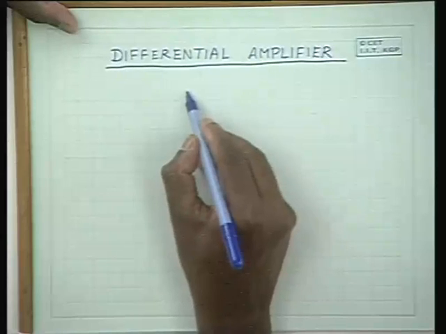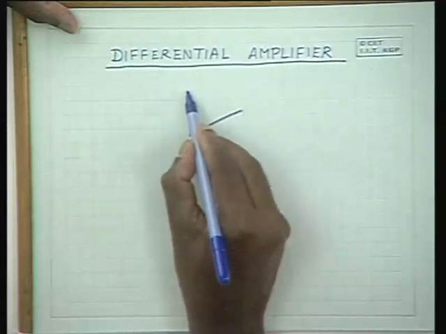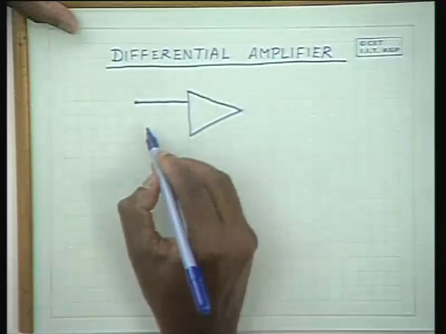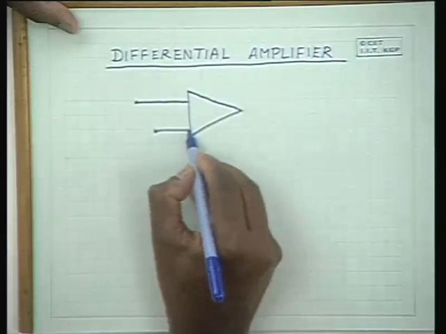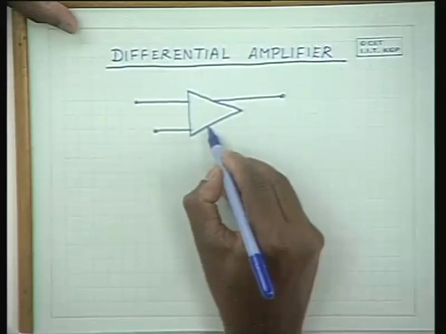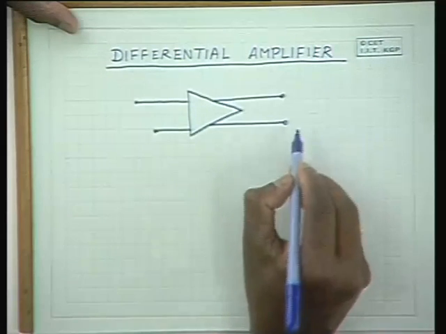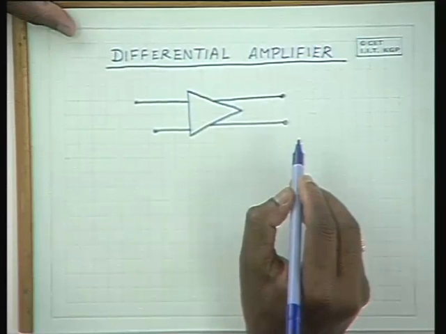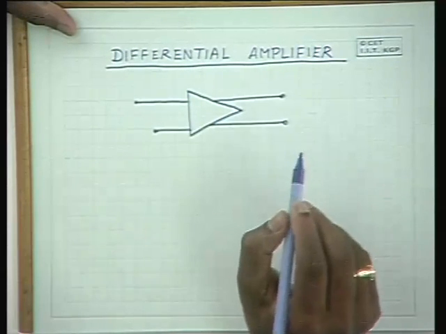So basically a differential amplifier has two inputs and it can have two outputs, out of which you may use one of them in practice.